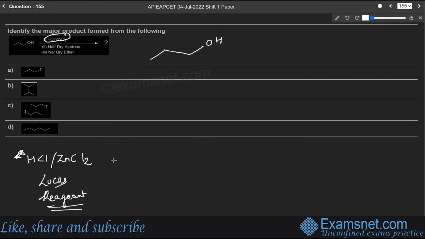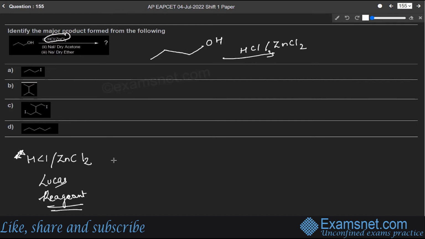For now, I'm just telling you how to solve this, so that if a student knows a little bit, he or she would be able to solve this particular question. So how do you solve it? You are given HCl and ZnCl2.